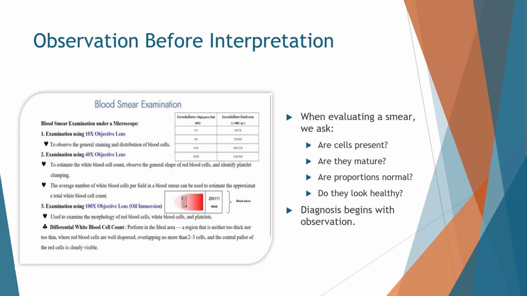If you skip observation, you risk diagnosing preparation artifact instead of pathology. And yes, we all have seen someone chase a rare abnormal cell that turned out to be stain precipitant. So remember, observation is not the slow step, it is the smart step.